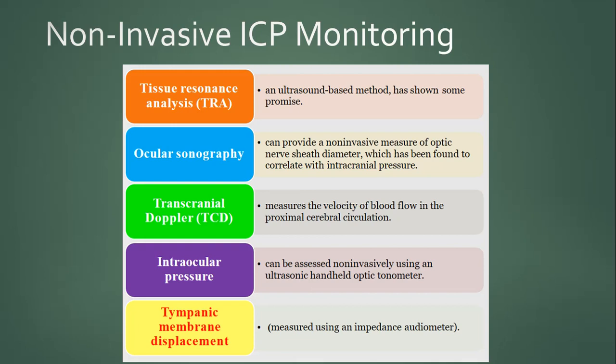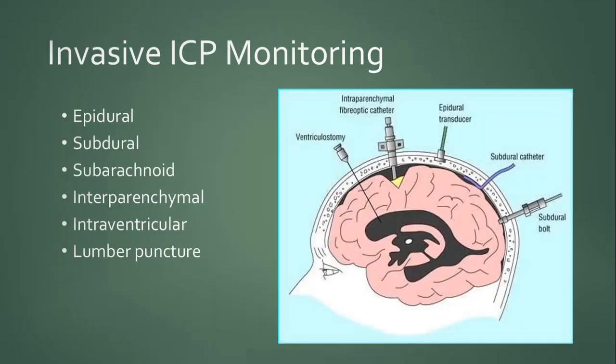Then we can also measure intraocular pressure, a non-invasive method to assess intracranial pressure. It can be done through an ultrasonic handheld optic tonometer, and then we can also examine the tympanic membrane for its displacement or through the impedance audiometer.